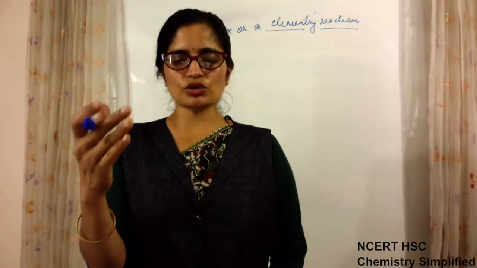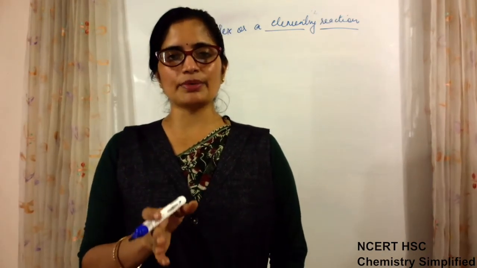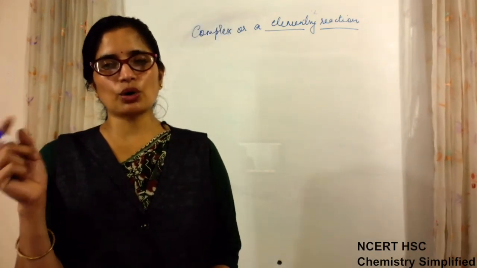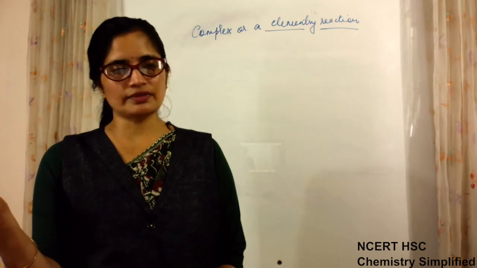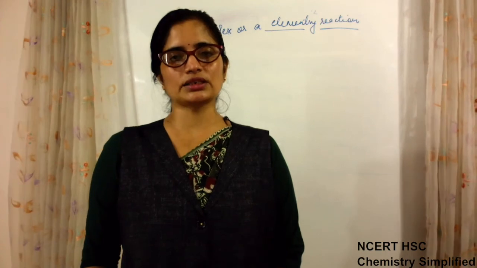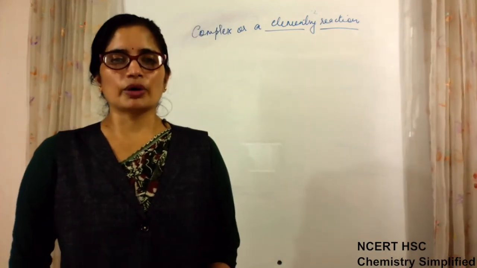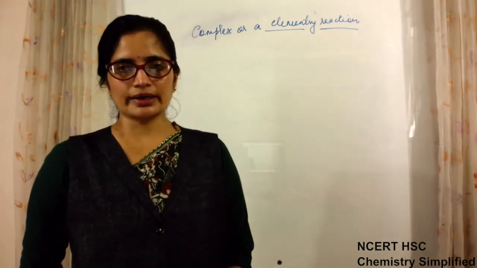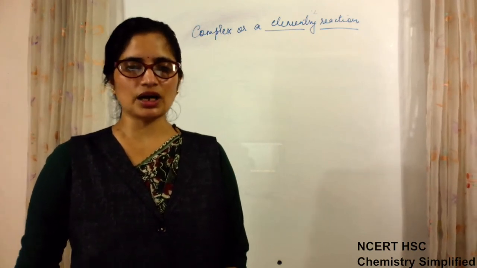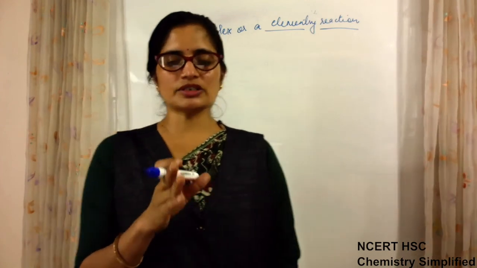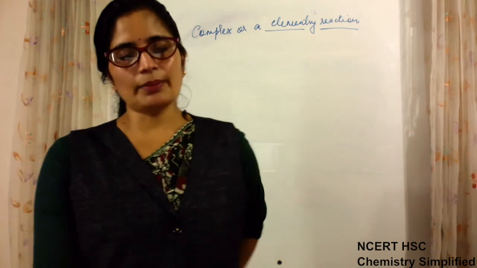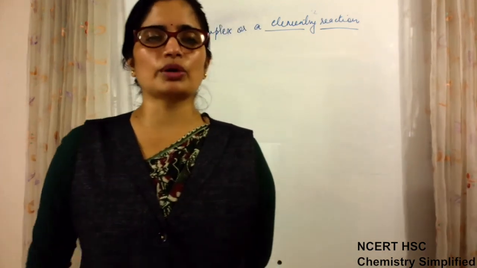Out of those total 10 steps, whichever step is the slowest, that step will help to find the order of reaction. Experimentally, if the order of reaction has to be calculated for a complex reaction, it will be calculated only with the help of experimental data of the step which is slowest out of all. That will help to know the order of reaction, and molecularity of reaction has no meaning for a complex reaction.